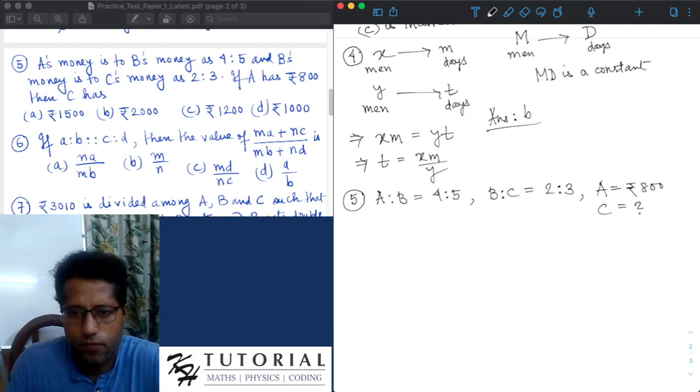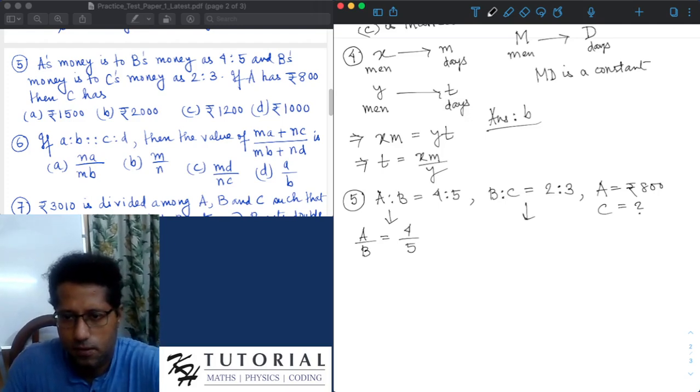So from this we can say that A by B equals 4/5, and B by C equals 2/3.